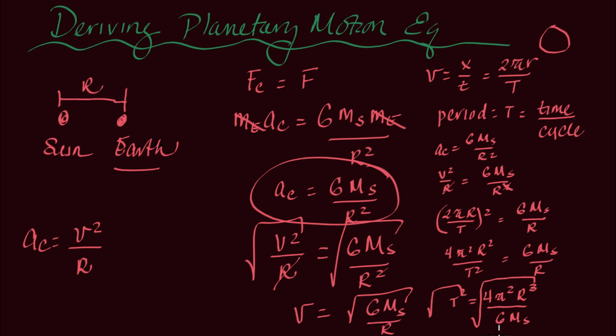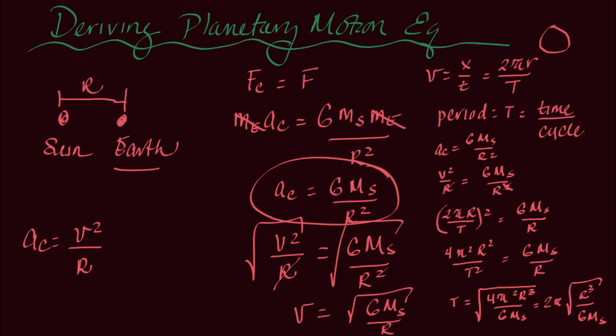Or you could even simplify it a little bit further by taking out the 4 pi squared. So it becomes 2 pi times the square root of r cubed over G Ms. And again here too, if you notice, it is independent of the mass of the object that is doing the orbiting.